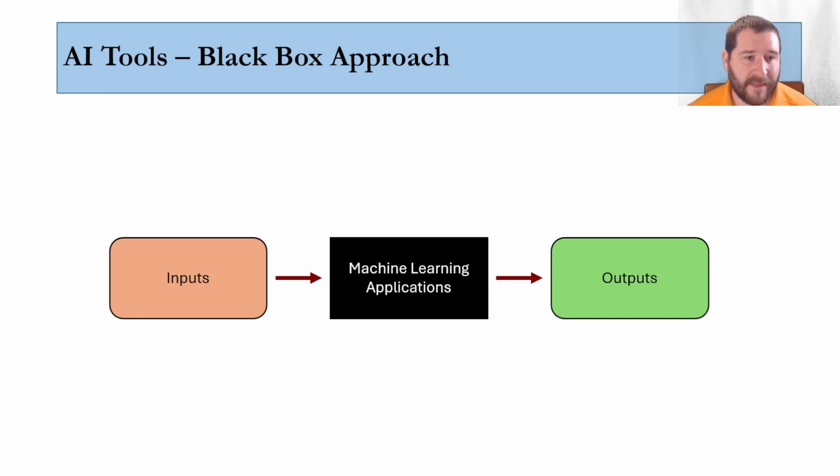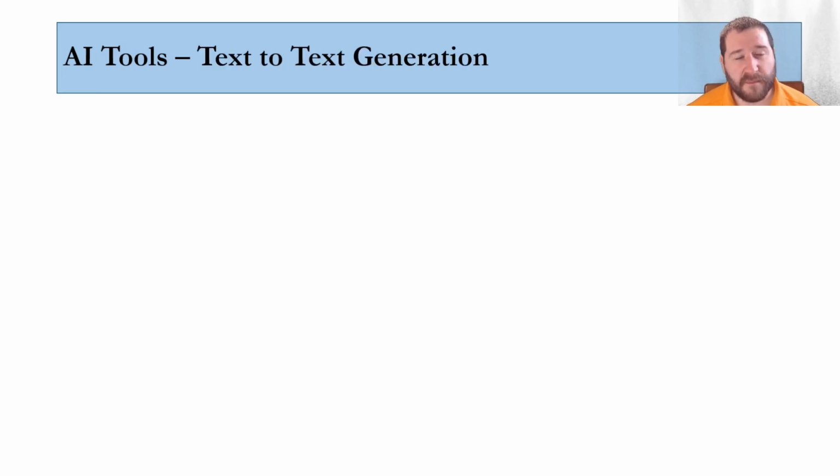So that's how I think of AI tools: there's an input, the tool runs its AI, and then there's an output. We don't have to get too much into the nitty-gritty of machine learning and the details of how that works. We just really want to learn how these different applications can turn one input into a different output.